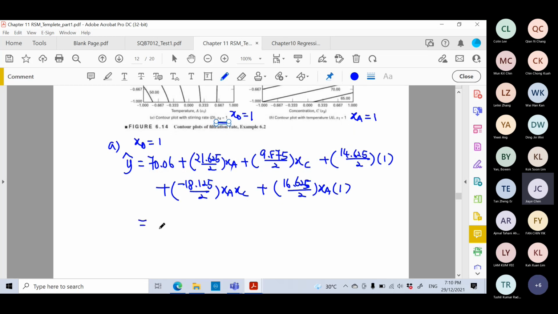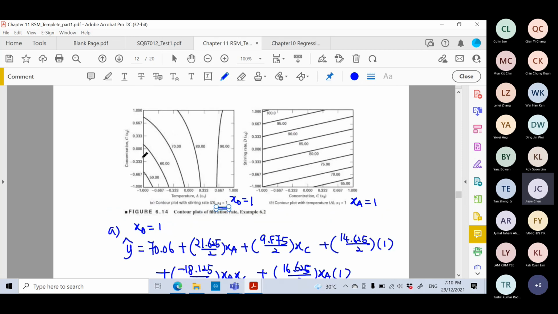Your equation still has a mean plus the XA term, the XC term, and another term XA XC. So you still have an interaction effect when you fix XD equal to 1, and therefore we expect a certain curvature pattern.